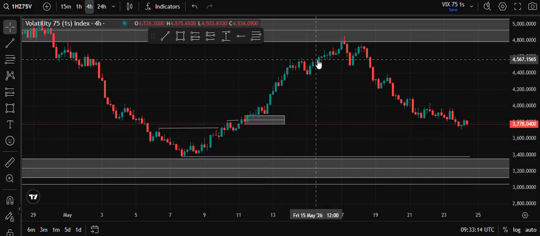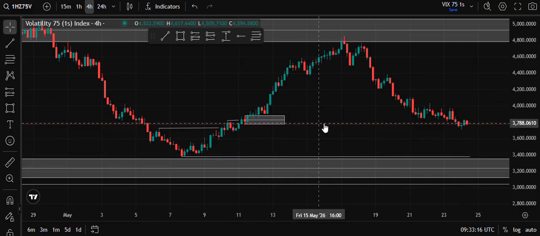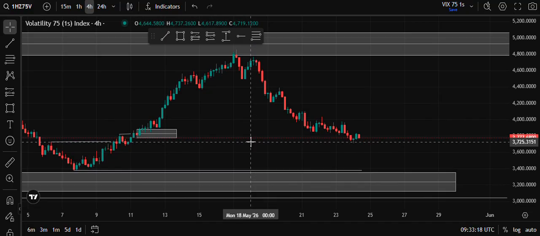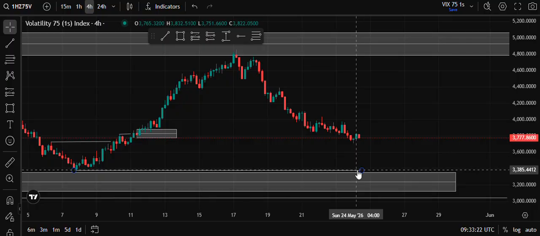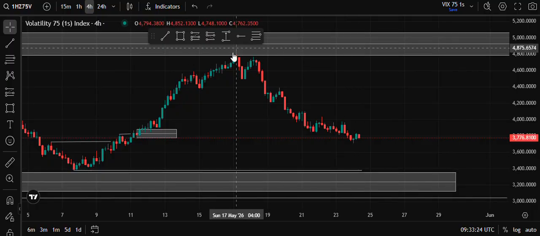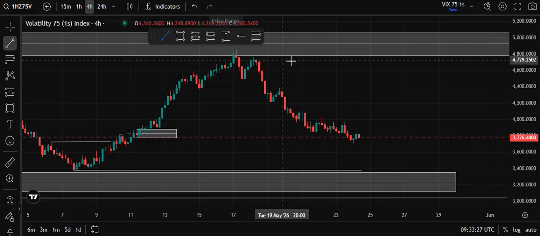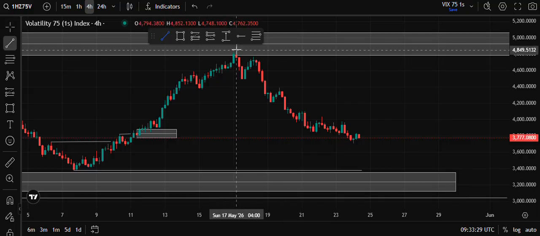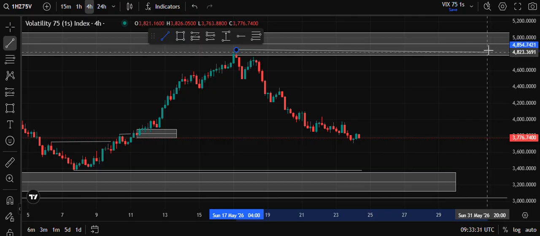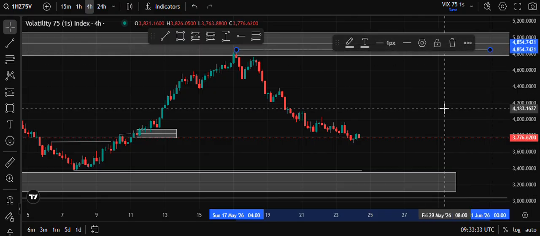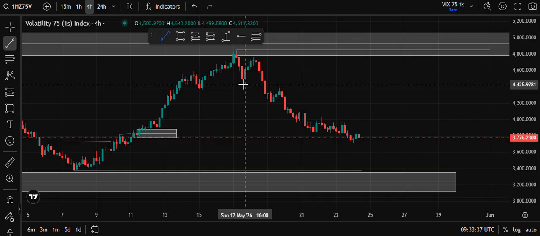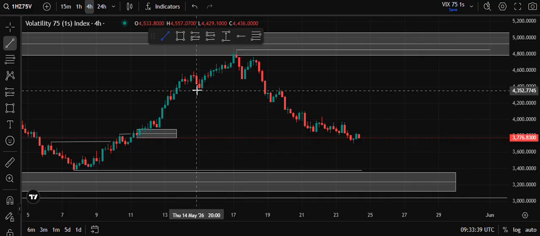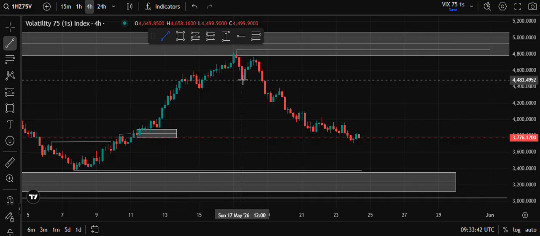This was our buys. Then we came for our sell, which is what we're looking at currently. So this was our high, and this was our low. This is our current high on the 4 hour time frame. Then we have our shift. You could say this is our shift, so I'll just use this as our shift.